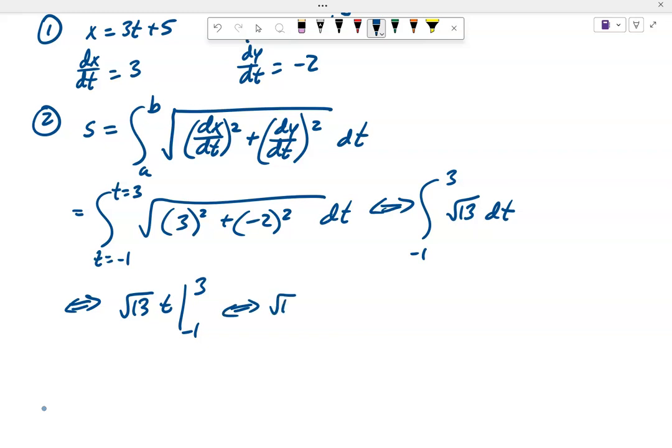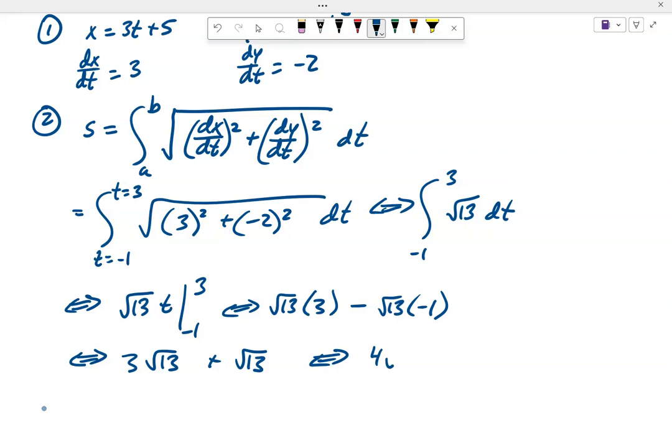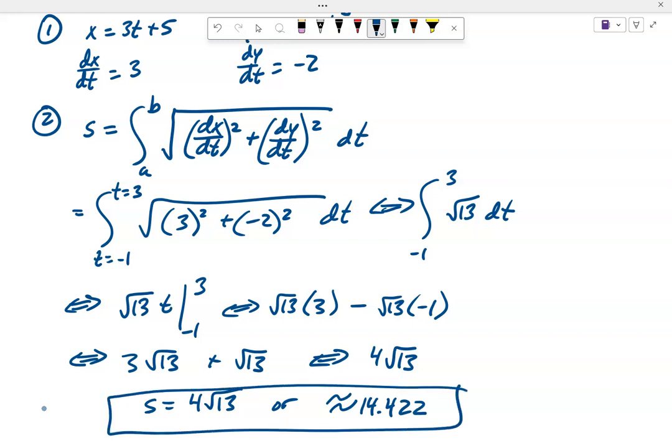So we got square root of 13 times 3 minus square root of 13 times -1, or 3 square root of 13 plus square root of 13, or 4 square root of 13. So our arc length is 4 root 13, or if you want to punch it in, that's 14.422.